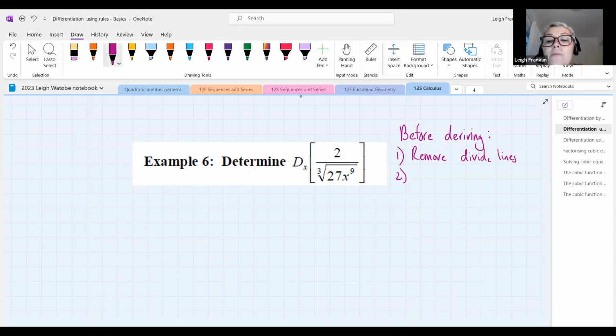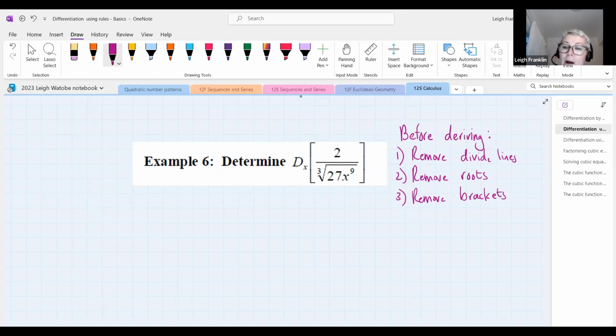Number two, I have to remove roots. Number three, I have to remove brackets. Those 3 things have got to go before I am allowed to derive. So I cannot drop or change my notation until I've done those 3 things.